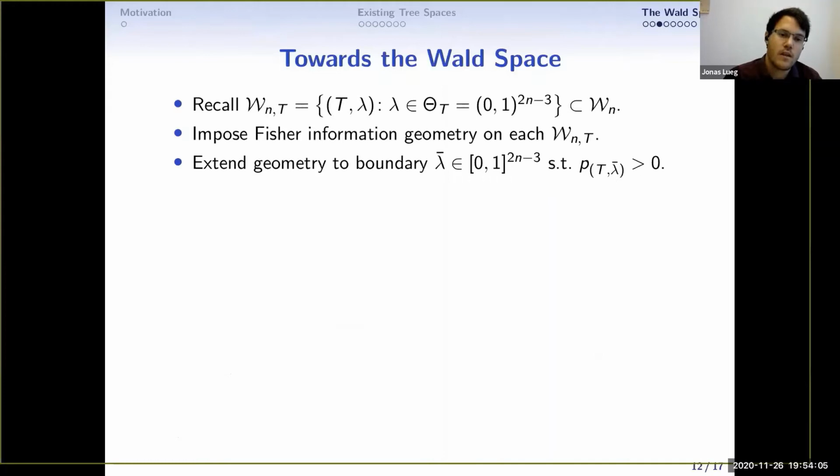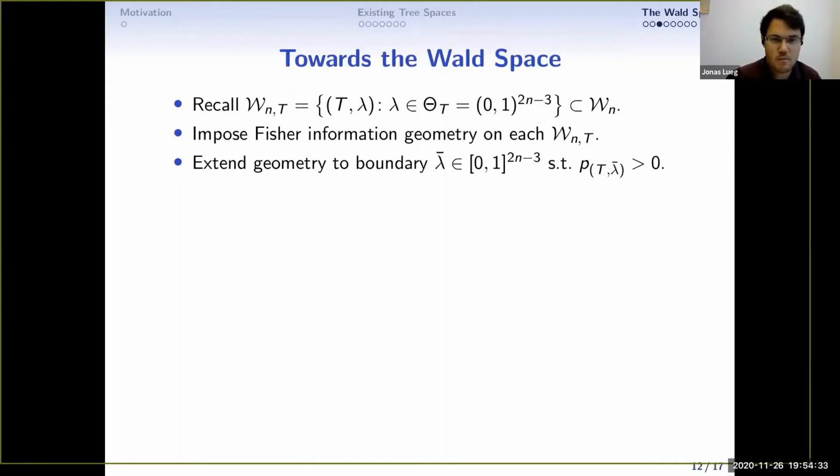And what we then do is we extend the geometry for each fully resolved tree, T, to the respective boundary of the sets WnT by going to the closed cube [0, 1]. But we still have to make sure that our probability mass functions are strictly greater than 0 so that we can still extend this geometry and it's well defined.